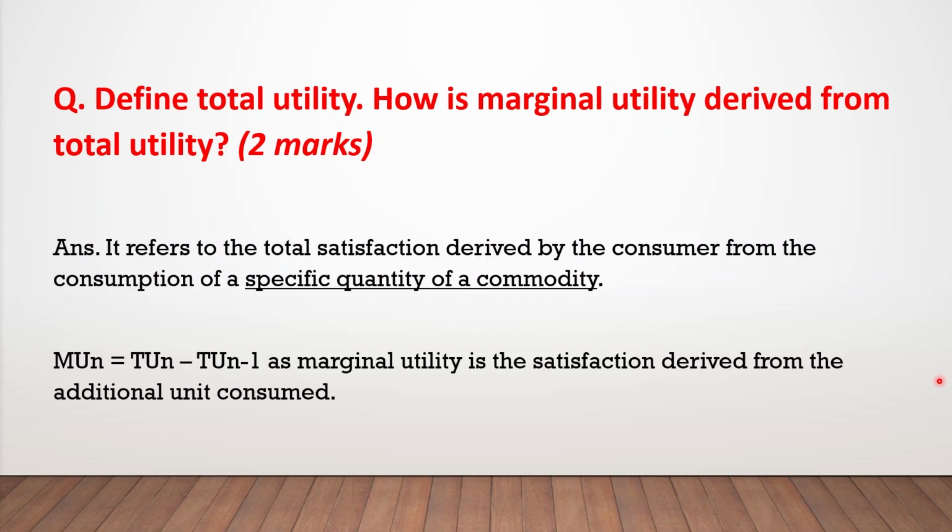Many candidates write TU is equal to sigma MU or simply define utility instead of giving the exact definition of total utility. Remember that TU is equal to sigma MU is a relationship between TU and MU. Therefore, while preparing, pay attention to these minute details.